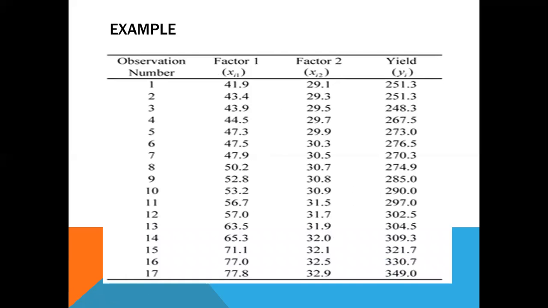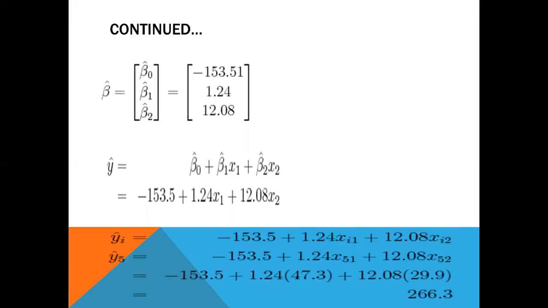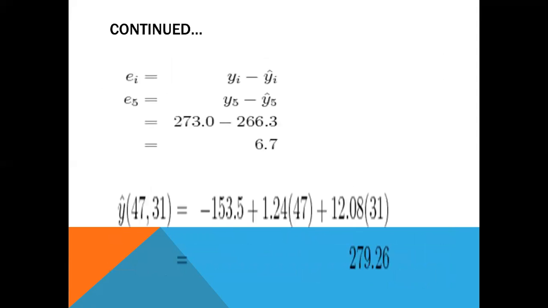But the observed value here is 273.0. Okay, so what's the error? Error is 273 minus 266.3. All right, so it's solved here. E5 equals y5 minus y cap 5, that is the observed value minus the predicted value, that is 273 minus 266.3, which is 6.7.